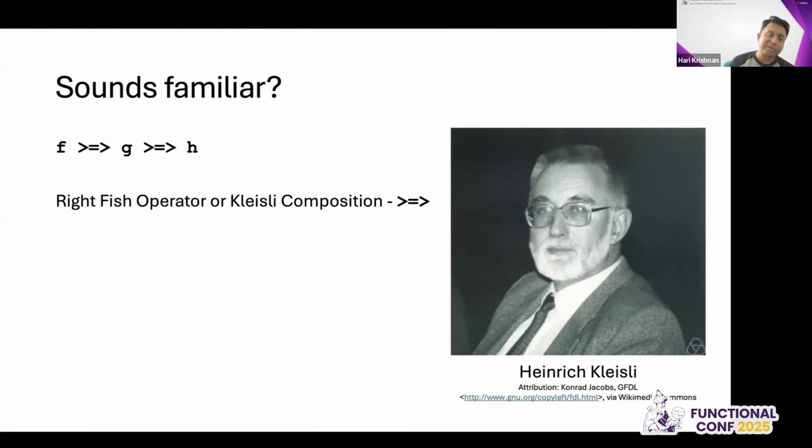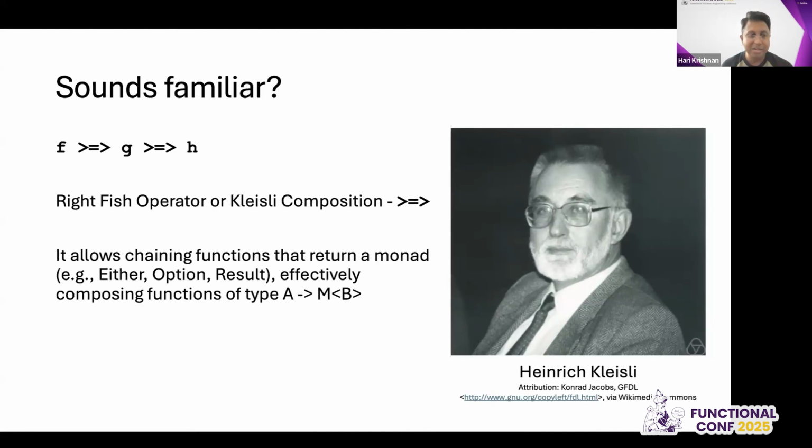Now, railway-oriented programming itself is not directly the same as Claesley composition, but seasoned Haskellers would know that this is very similar. I'm just calling out that Claesley composition allows chaining functions that return a monad, effectively composing functions, right?